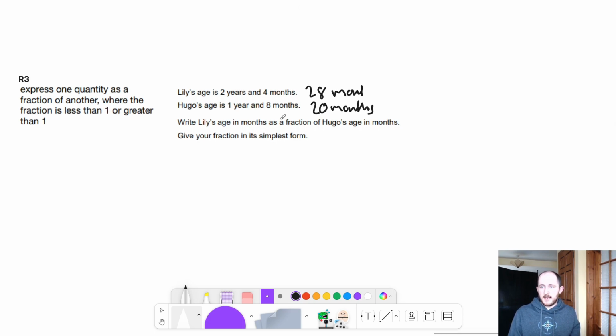So expressing Lily's age as a fraction of Hugo's, whoever comes first goes on top, and whoever's afterwards goes on the bottom, and then simplify. So 28 over 20, 14 over 10, 7 over 5. And it says fraction in its simplest form. That doesn't mean you have to give it as a mixed number, but if you wanted to, you're more than welcome to.